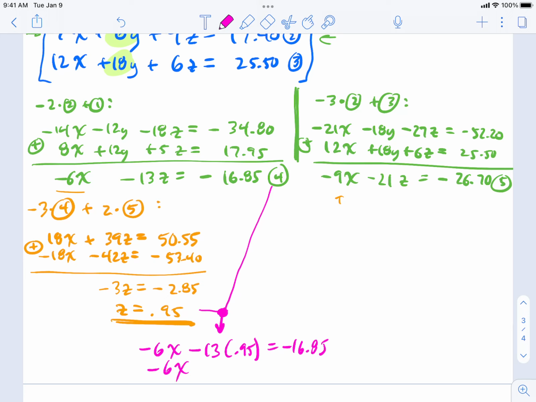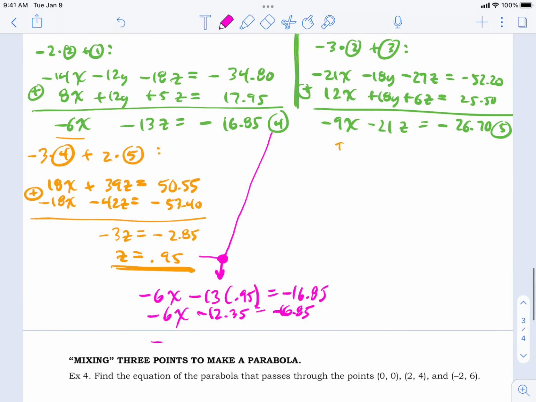All right, what's 13 times 0.95? That is 1235, so negative 6x minus 1235 equals negative 1685. So negative 6x equals, you add the 1235 to both sides, negative 450.